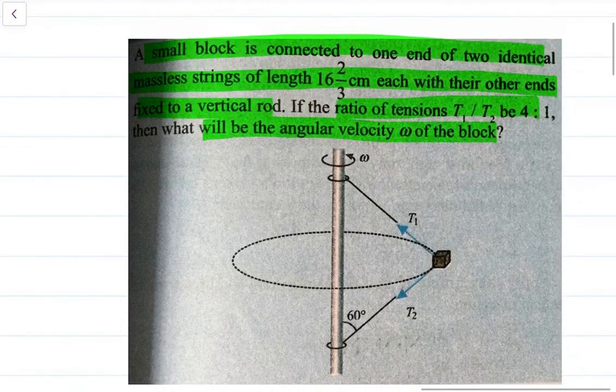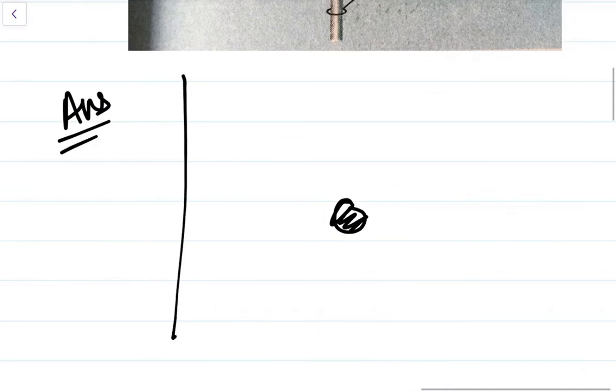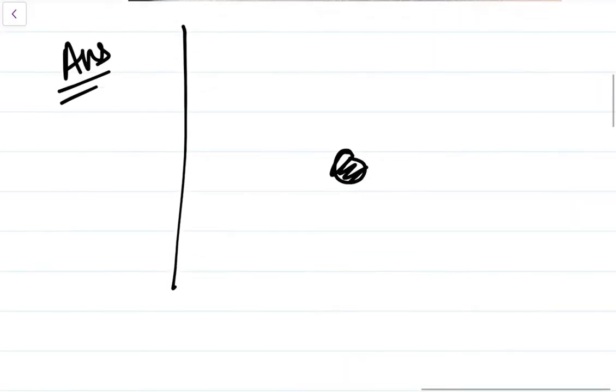What will be the angular velocity omega of the block? So we have to do nothing else other than drawing the FBD of the bob. So assume that this is the bob and this angle was 60. Wait, I will just draw it.